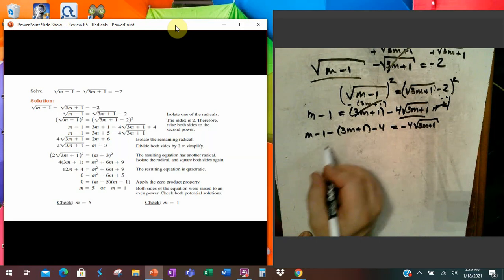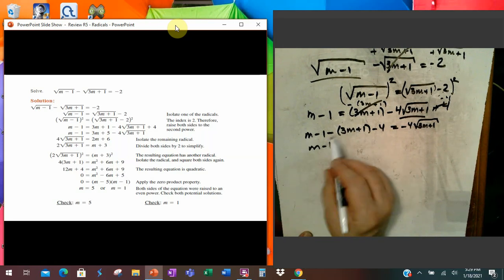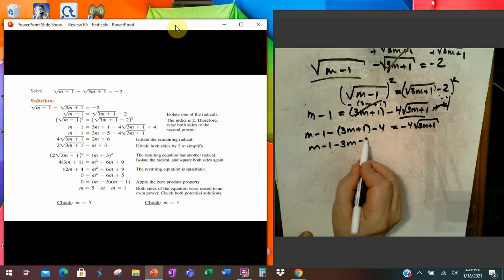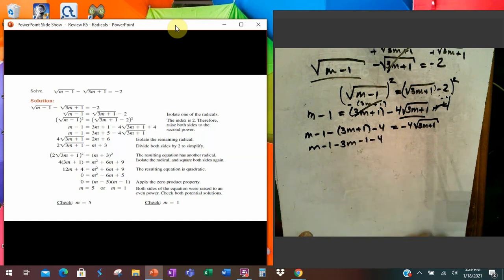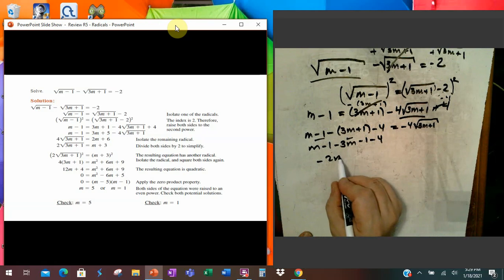Okay, so let's combine this and group. m minus 1, but let's just leave this for a second, minus 3m minus 1 minus 4, minus 2m minus 5 minus 6.